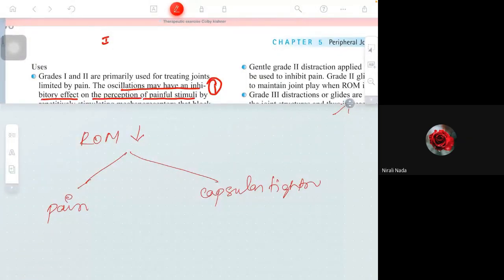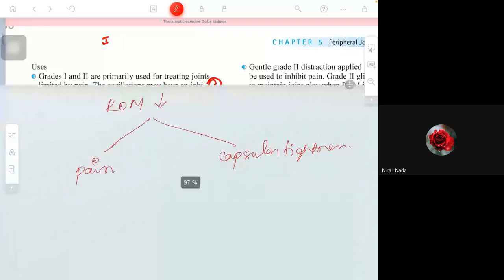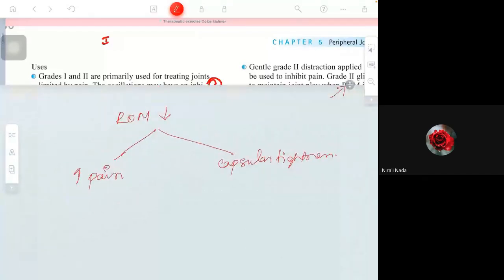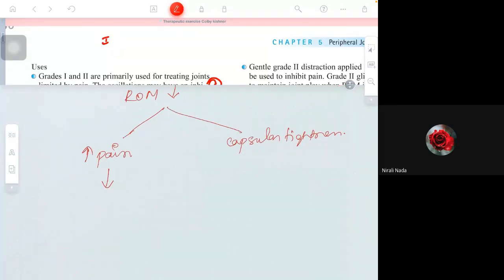It is worth to repeat. Range of motion is reduced due to increased pain or capsular tightness. If pain is increased, then you will go for grade 1 and grade 2 mobilization. If capsular tightness is there, then you will do grade 3 and grade 4 mobilization.